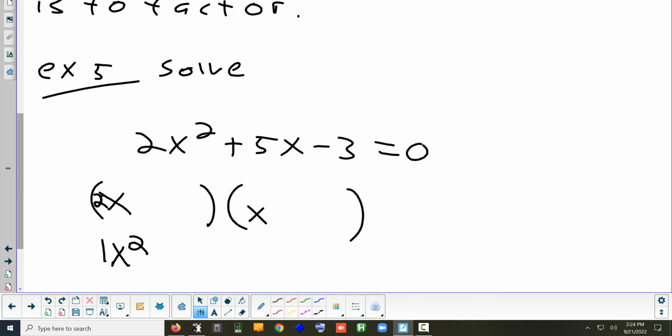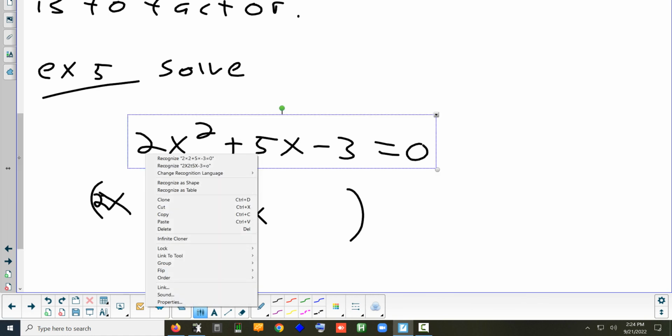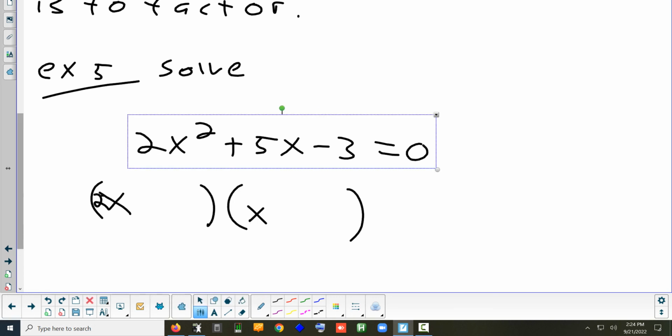I want 2. Yep. So 2 is a little easier to work with because there's only one way to get a 2. 1 times 2. If this number was like a 12, well, good luck. Because now you have to do 1 times 12, 2 times 6, and 3 times 4. They all could work, but only one of them will. So 2 is a little easier to work with.